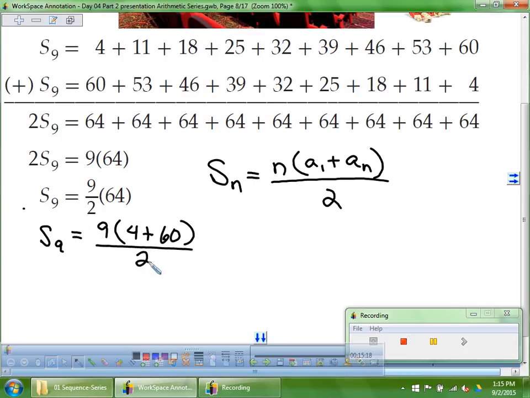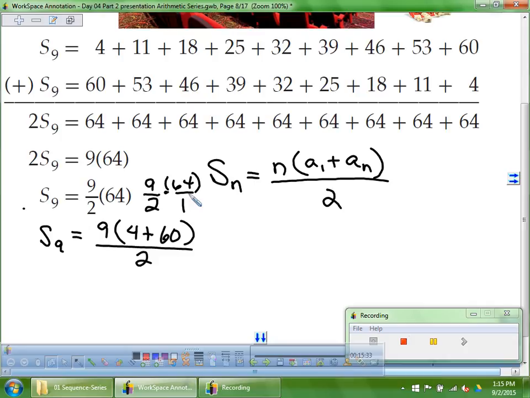Now, the reason I do it like this instead of this way, this could be changed to this: 9 over 2 times 64 over 1. And it would just turn into this.